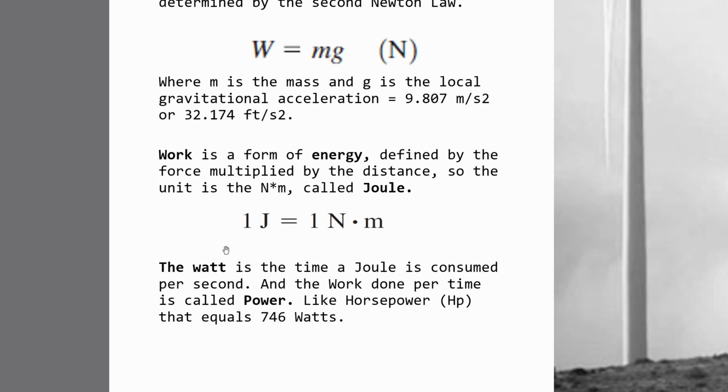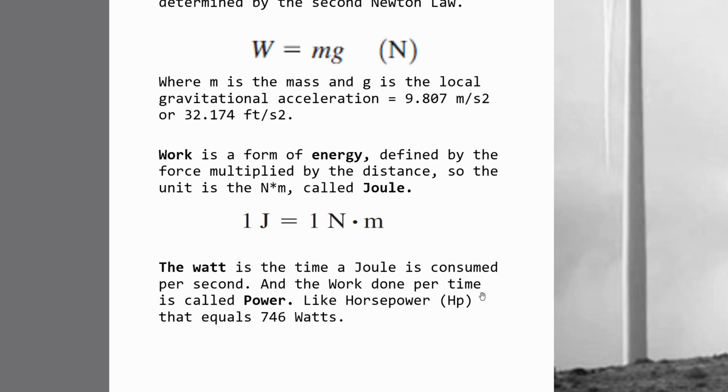And the watt is a joule consumed per second. So when we are doing work, we're taking time, and the work done per time is called power. So we're using power to do work, and we're consuming watts.